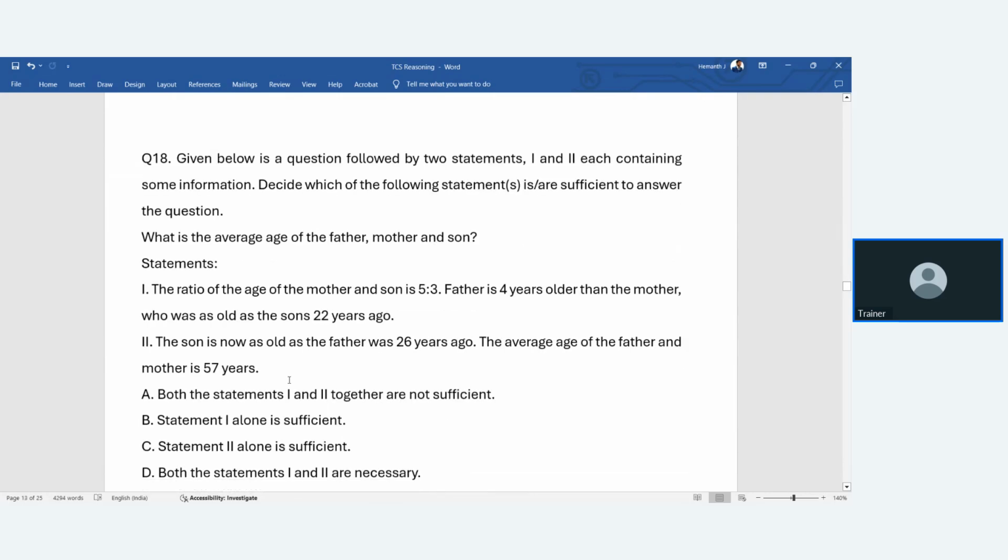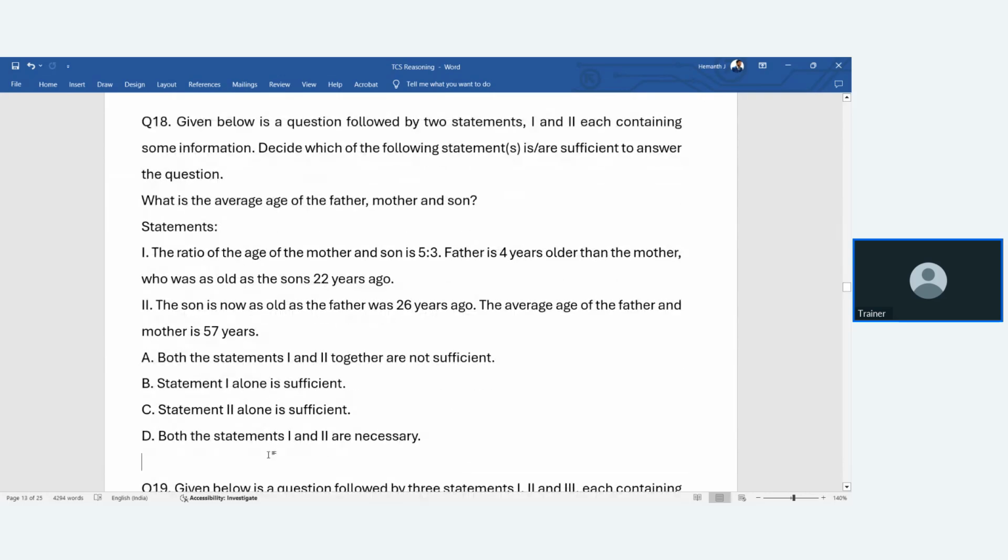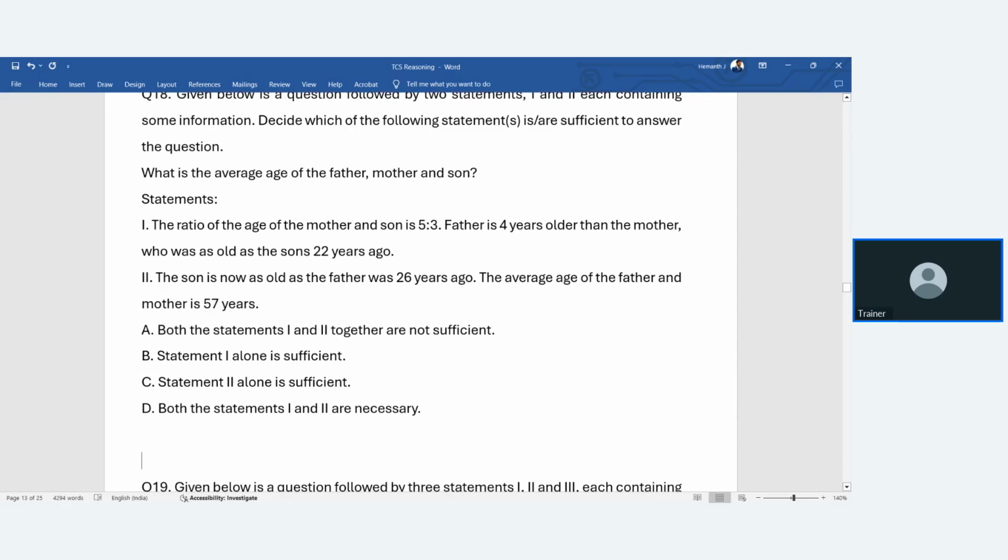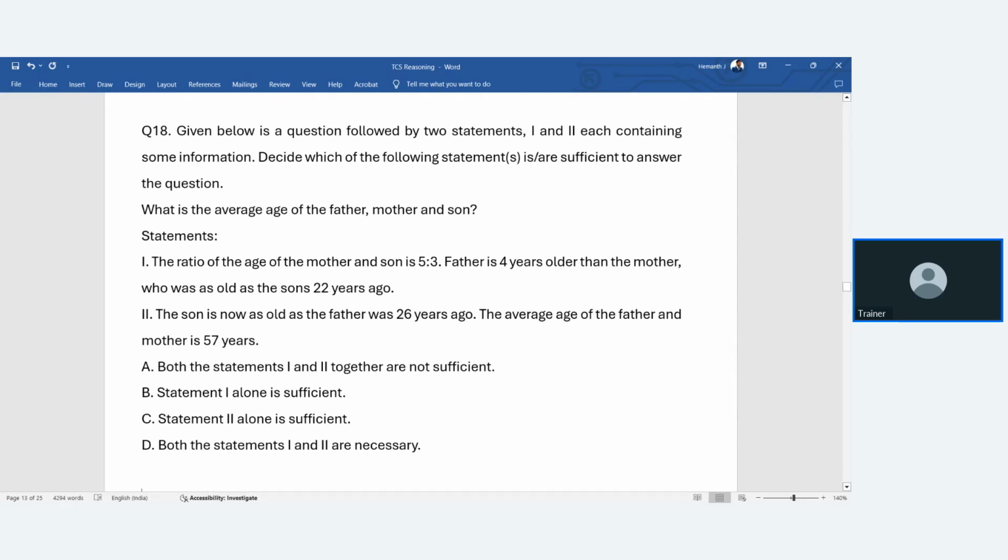Now this is related to data sufficiency. What is the average age of father, mother, and son? Average means sum of that divided by 3. If you know f plus m plus s value, then you can do. Is one alone sufficient, two alone sufficient, together sufficient, together not sufficient? We have to decide now.